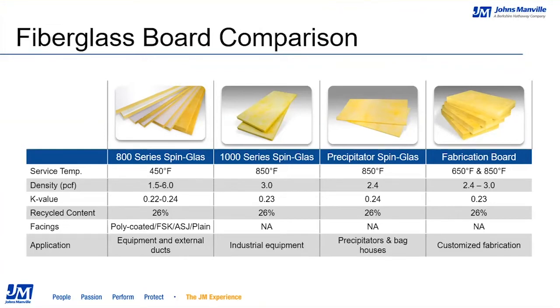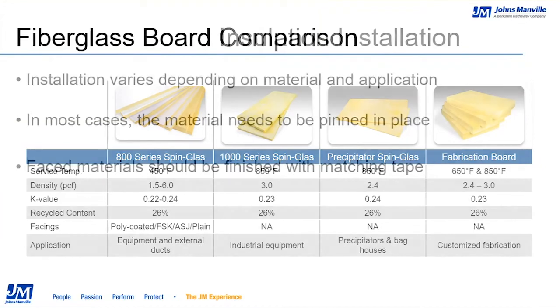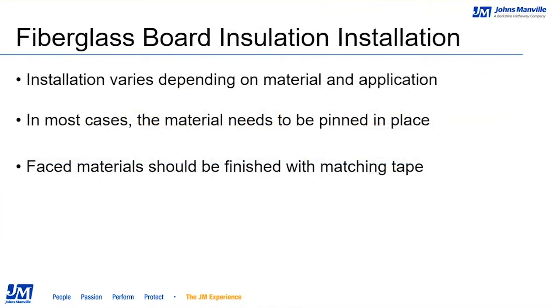And fabrication board, also intuitively named, is intended to be fabricated for use on pipes and tanks. For installation of fiberglass board products, methods will depend on both the material and the application. Installing 800 series on the exterior of a duct will be different than installing fabrication board around a tank.